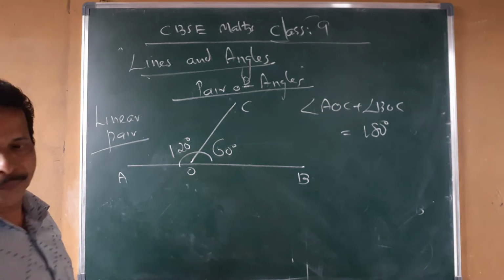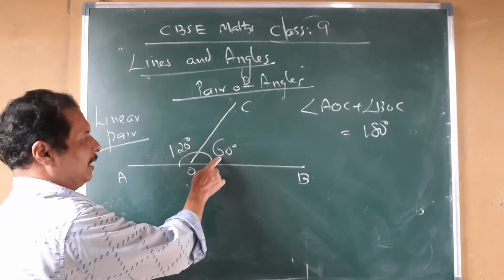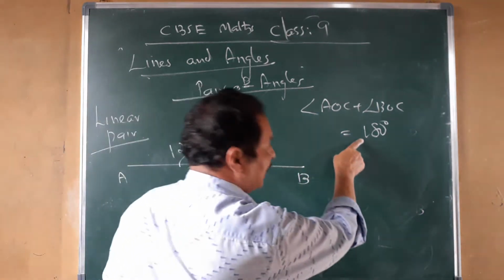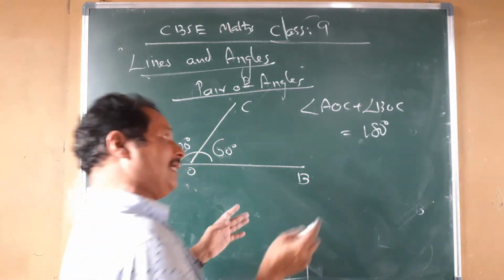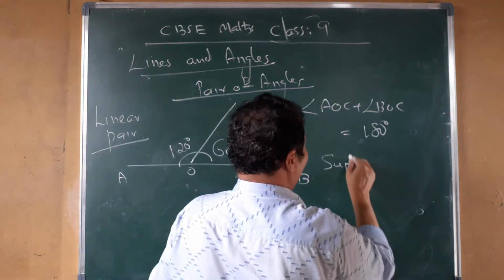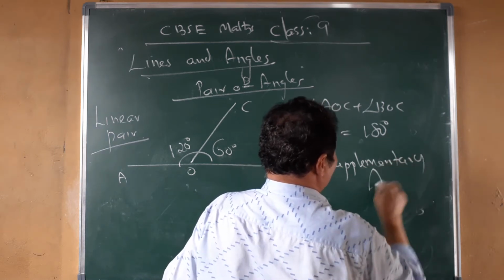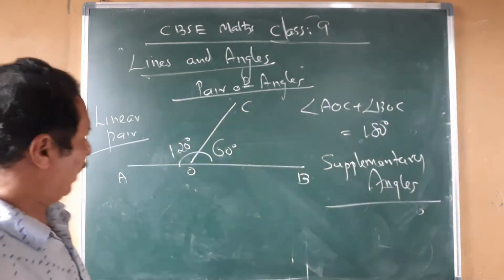And one more. If the sum of two angles, that is 120 plus 60, is 180 degrees, you studied that they are supplementary angles. Better you write that point.